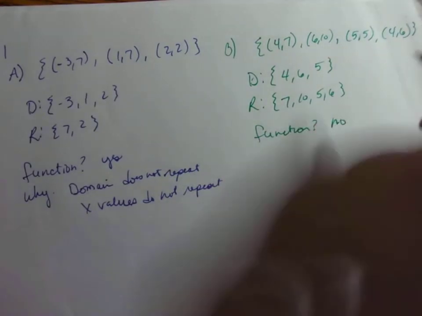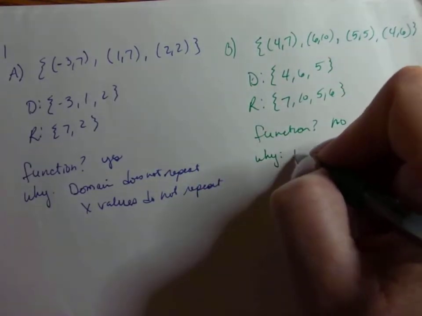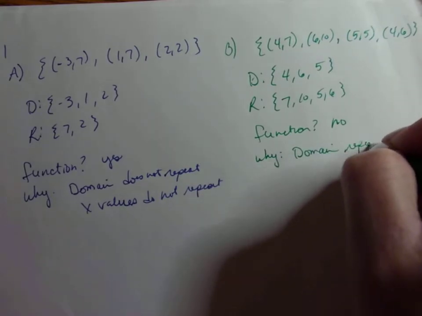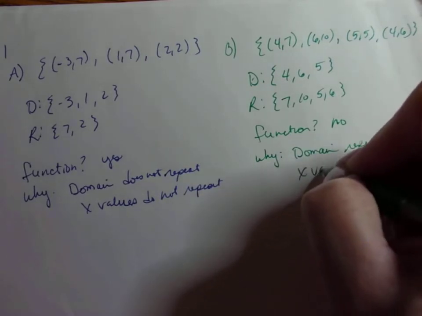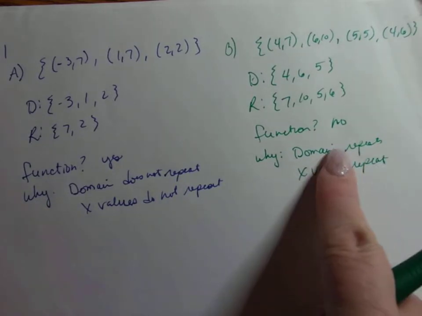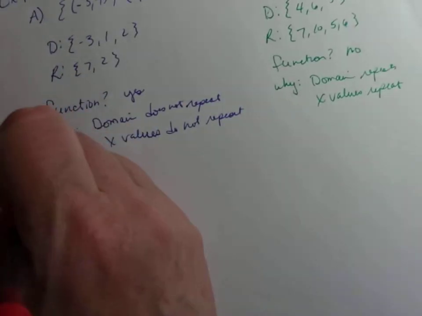So it's going to be no. And the why is that the domain repeats, or you can say x values repeat. You don't have to do both, just one or the other. Same on this part here. All right, let's go look at example 2.